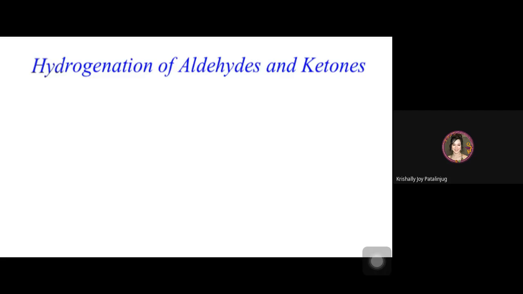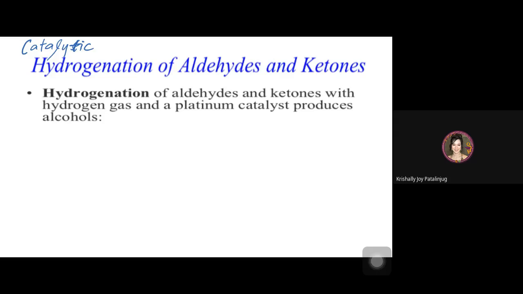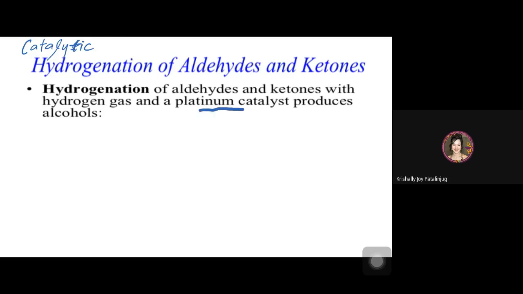When we encounter this reaction, it always proceeds in the presence of a catalyst. That is why it is also called catalytic hydrogenation. Hydrogenation is always accompanied by a catalyst. And the most important catalyst during hydrogenation of aldehydes and ketones is a metal catalyst in the form of platinum.